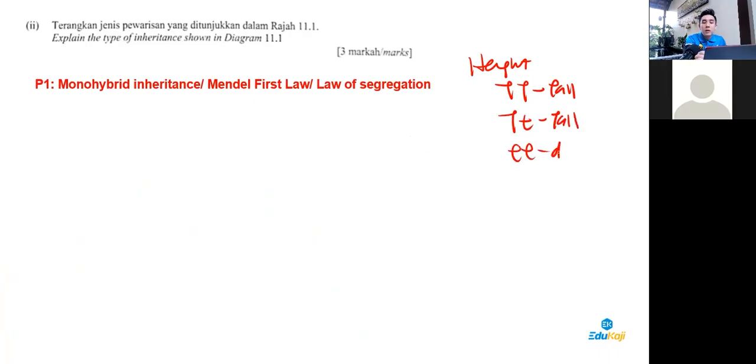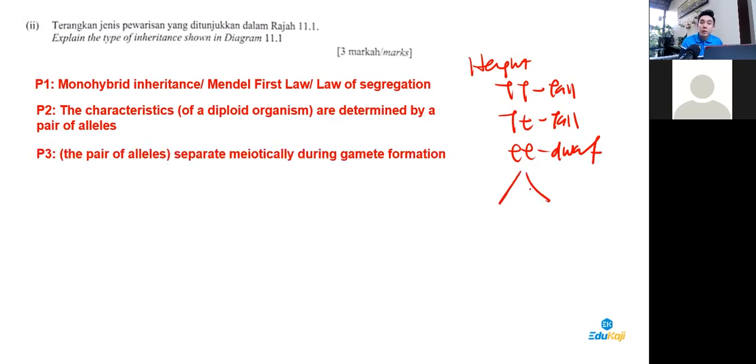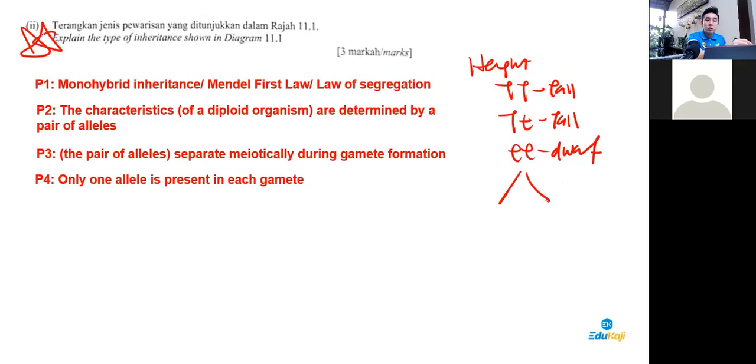Small t is dwarf. So what is monohybrid inheritance? The characteristic is determined by a pair of alleles, and during gamete formation, this pair will separate. Okay. Draw 2 stars. Make sure you memorize Mendel's first law and Mendel's second law. Have to memorize both.